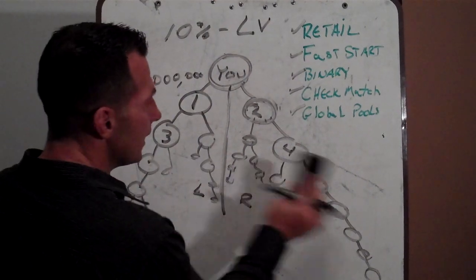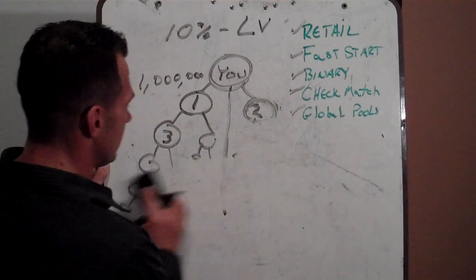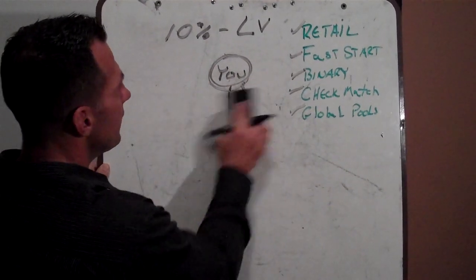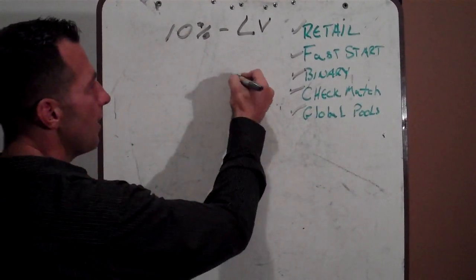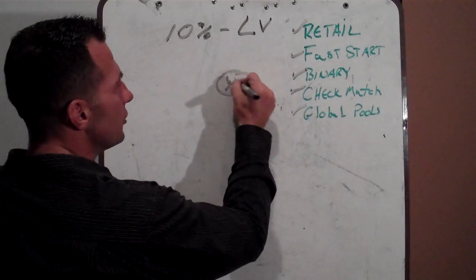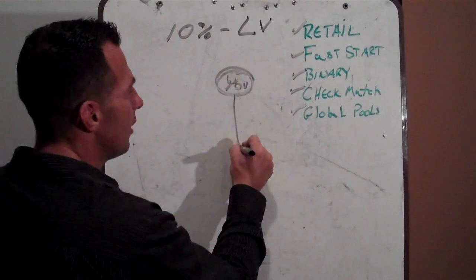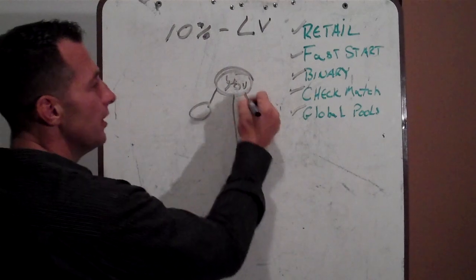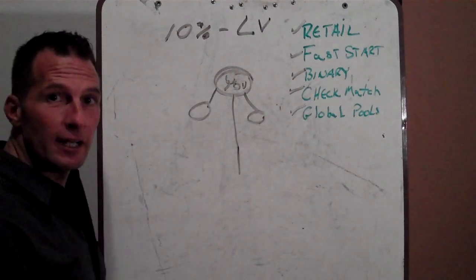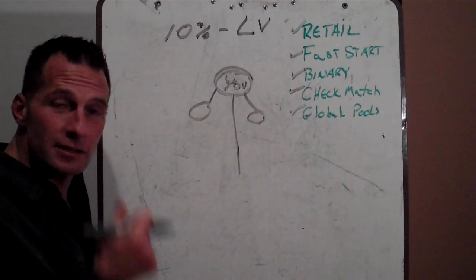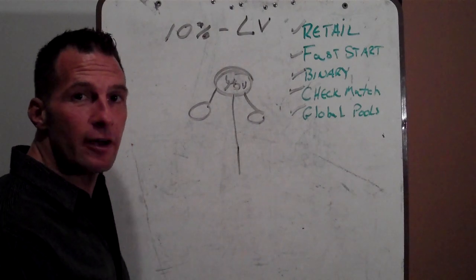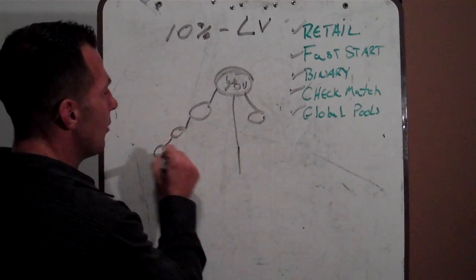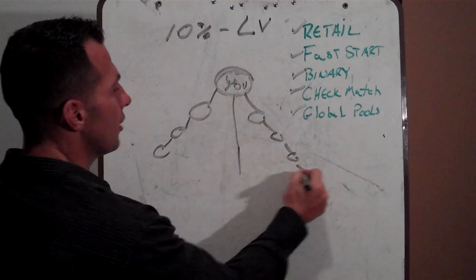But the thing is, let me clean this up just a tad one more time, the biggest thing to remember is that if this is you, and I use these markers so often that they dry out, all you're doing is going left, right, left, right. Look up our teams, inquire about our thing called the pace setter, about putting 5 people on one leg and 5 people on another and so on.